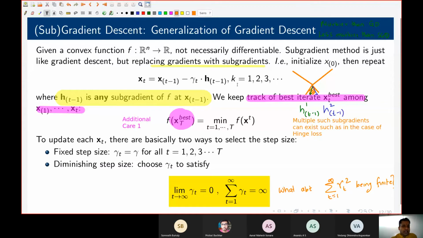Today's class was kind of an eye-opener on how important the step size is already from a range of conditions. But you'll see that even more pronounced with these murkier approaches. So this is additional care 2.